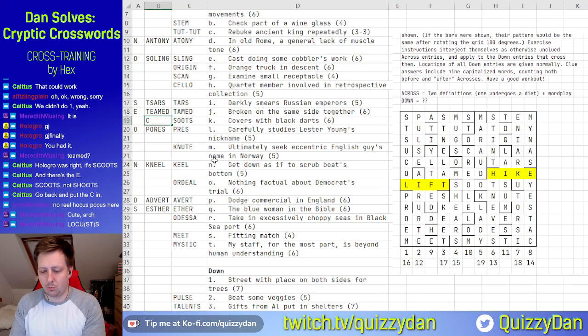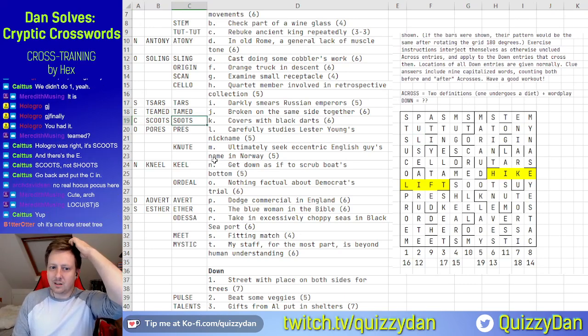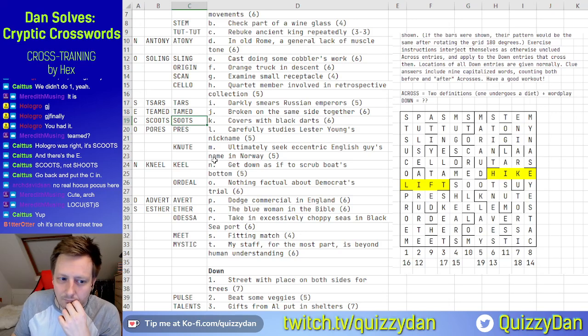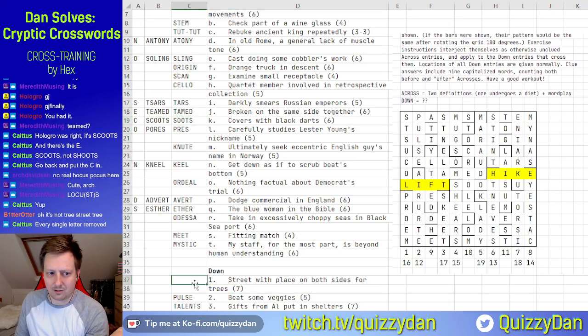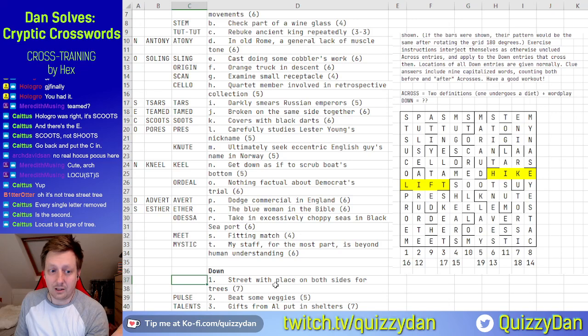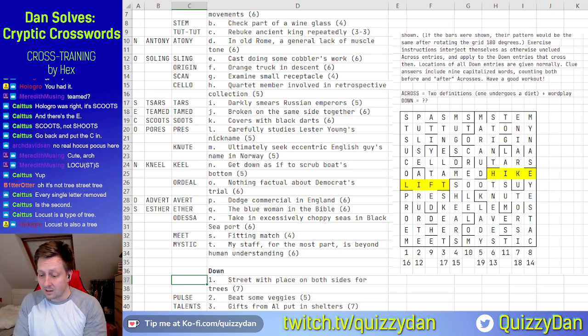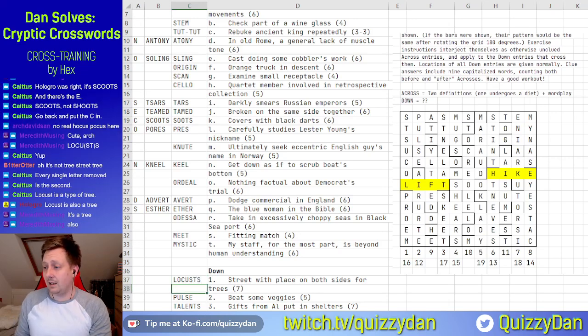Oh, scoots. No seconds. It's not tree, street, tree. I don't know where locusts comes from. What's a locust? It's an insect. Locust is a type of tree. Did not know that. So it's locusts. Huh. Fair enough. And that's everything.